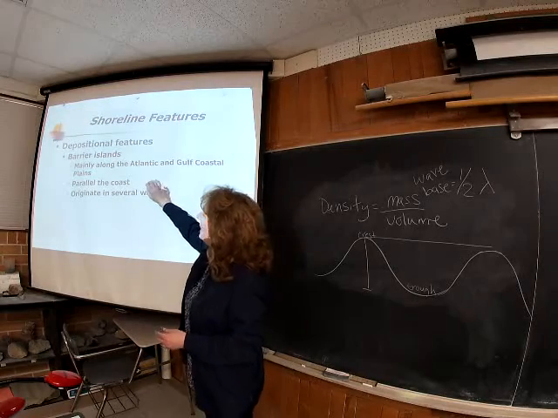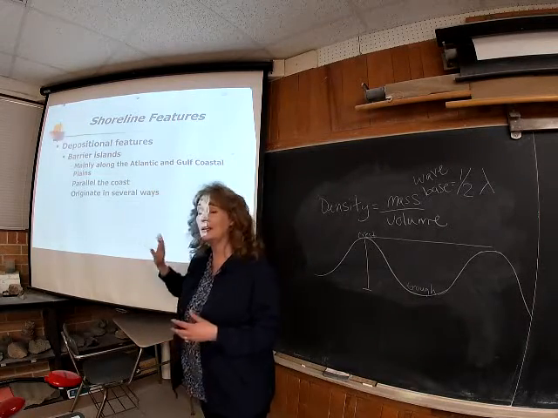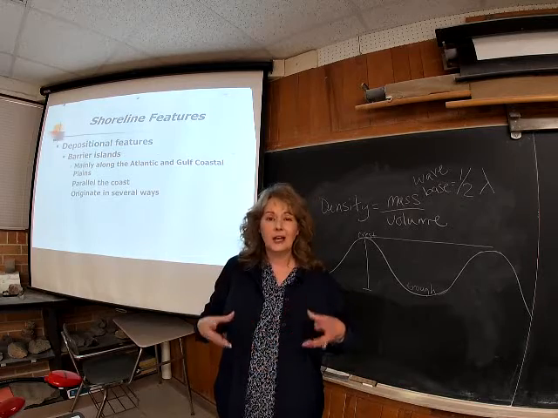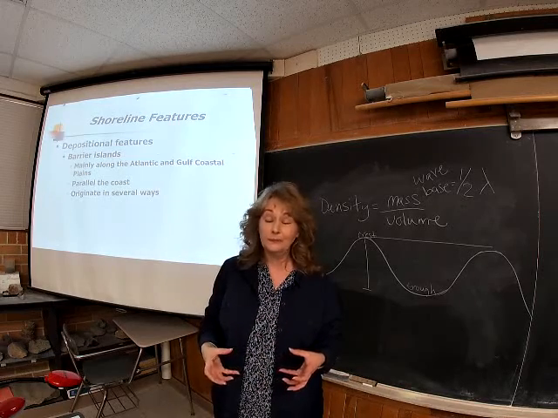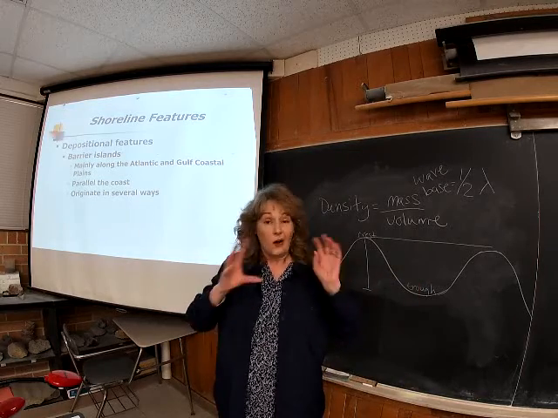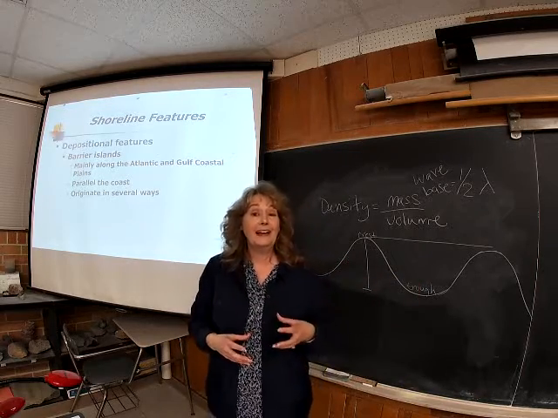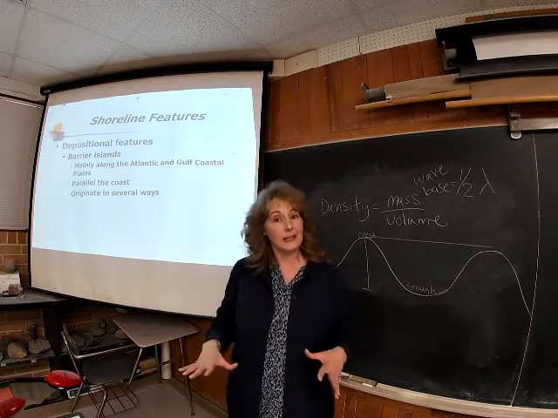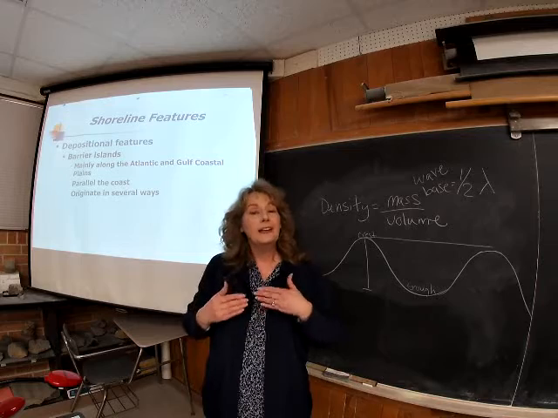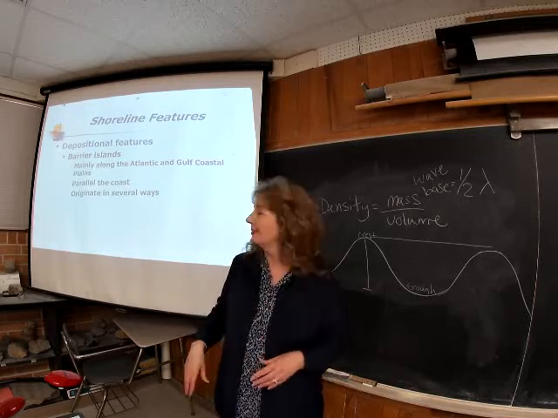They definitely parallel the coast, and they originated in several ways, and I mentioned already one where a change in sea level, very important. So let's say the last ice age where all the ice up on the land, right, with the glaciers, that lowered sea level a good 200 feet. And so you could get a different shoreline at that point.